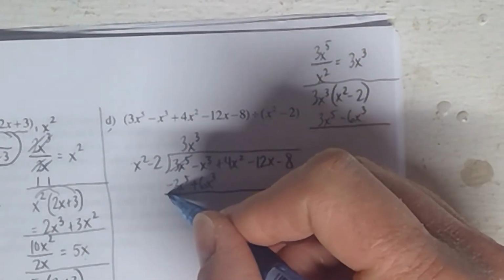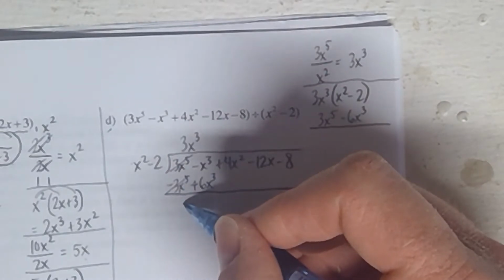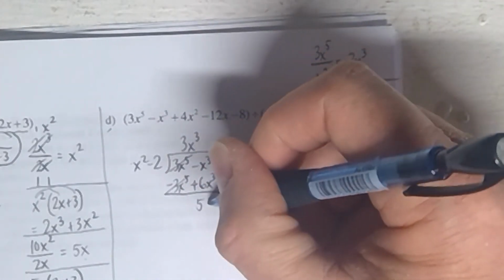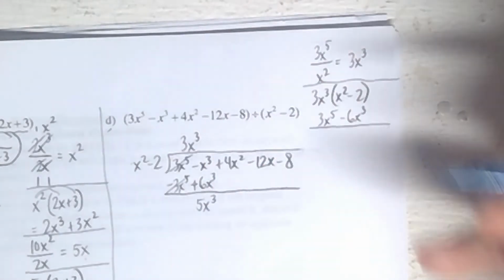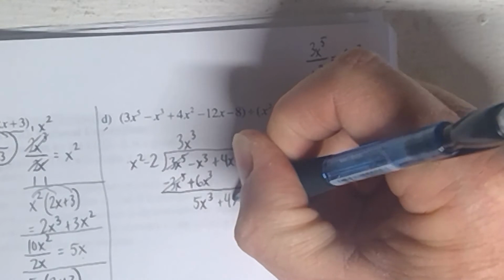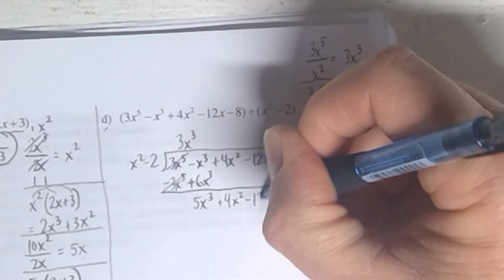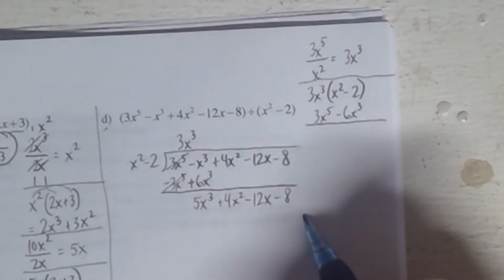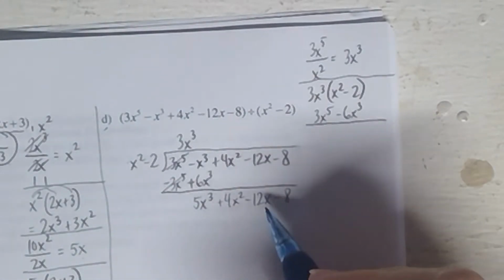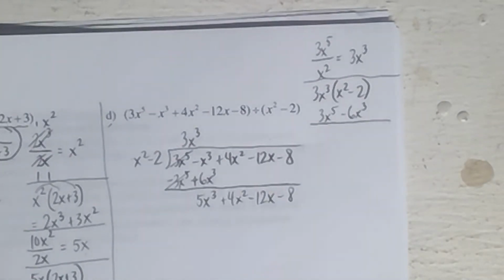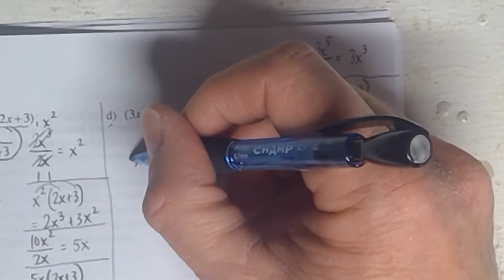The first column, as it always should, cancels. We then get negative 1x to the third plus 6x to the third, and that's 5x to the third. The other terms don't combine with anything, so we just add those to whatever's there. Again, keep these in descending order: x cubed, x squared, x to the first, and then no x at all. Very important.